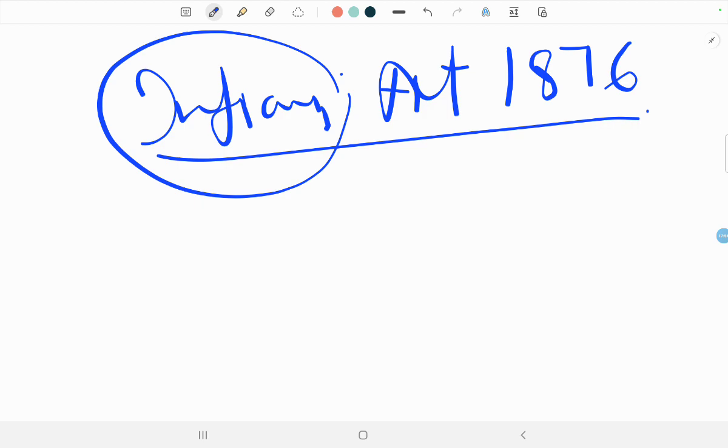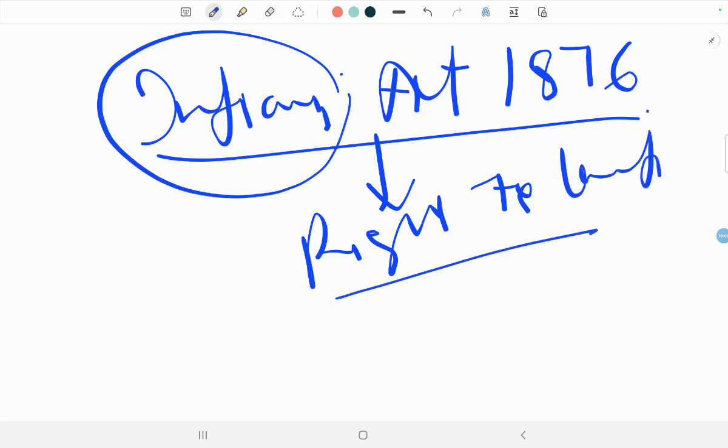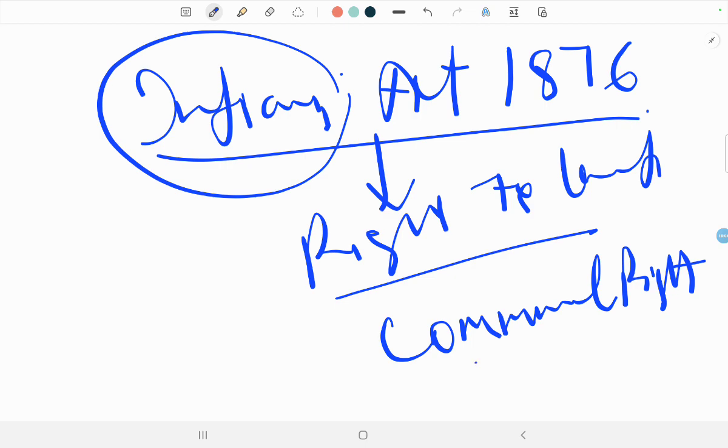Aboriginal people's right to land is a communal right. It means the right to land belongs to the group rather than the individual member of that group. So actually bargaining power belongs to the group, but not to a single individual.